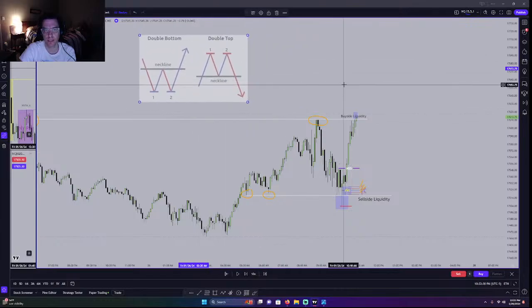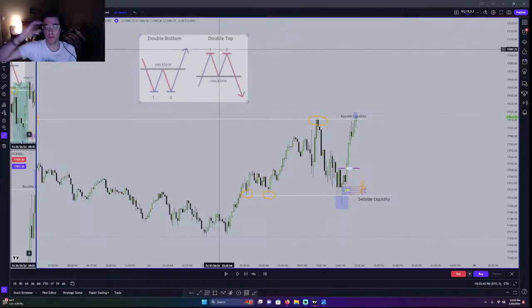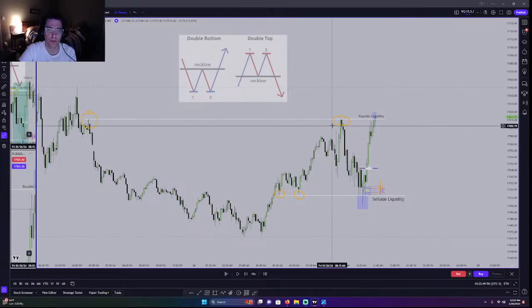A lot of times ICT talks about if we're bullish or if we're bearish. And I didn't understand that for the longest time. I was like, if I knew what we were doing, well, that'd be different. But we're bullish because we see double tops that have not been taken out yet.